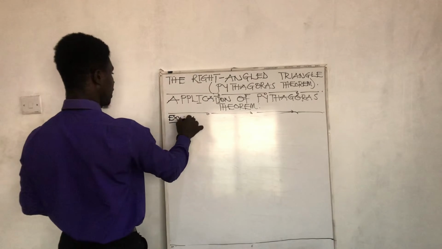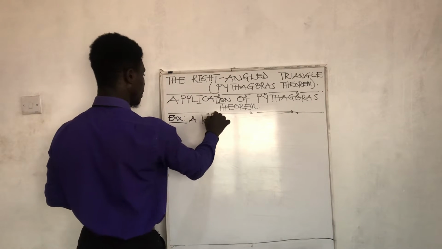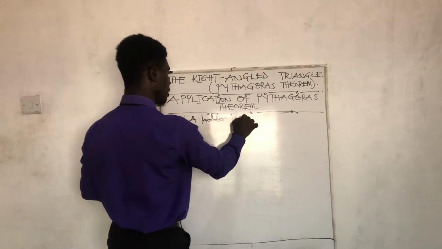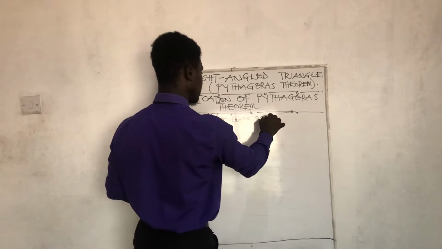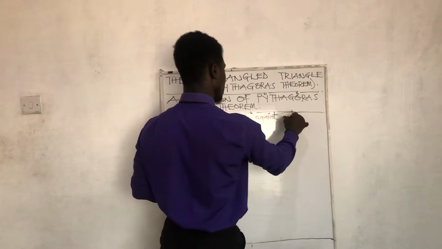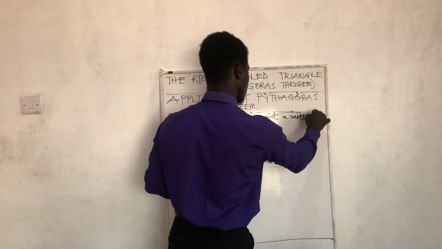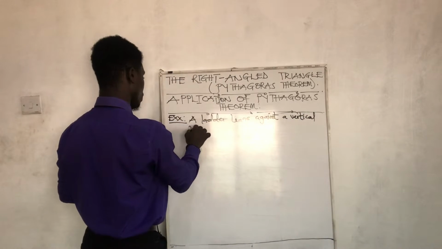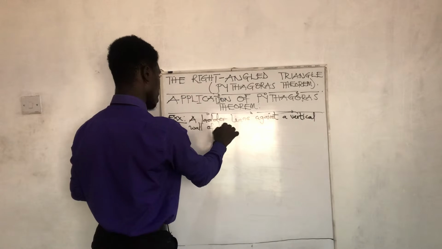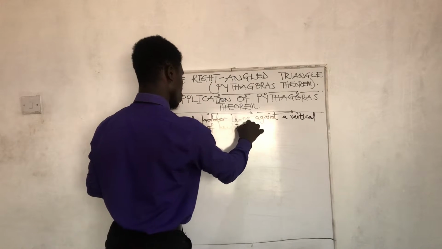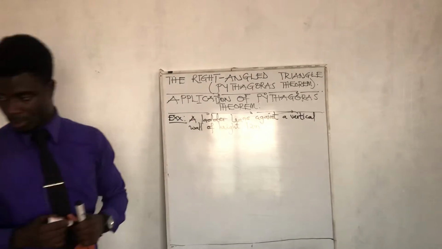So we have a ladder leans against a vertical wall of height 12 meters.